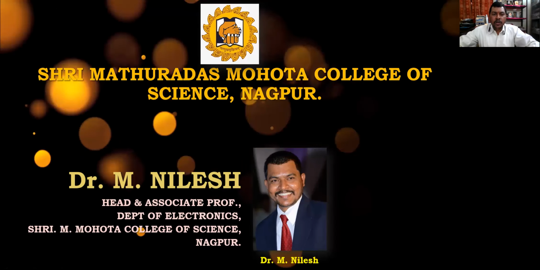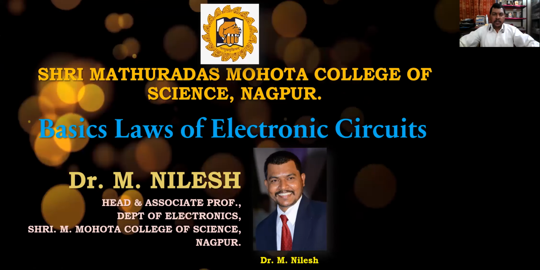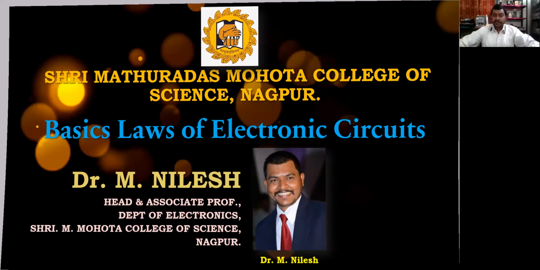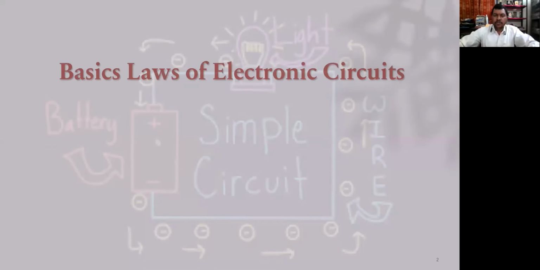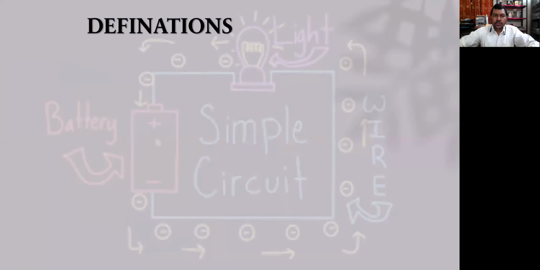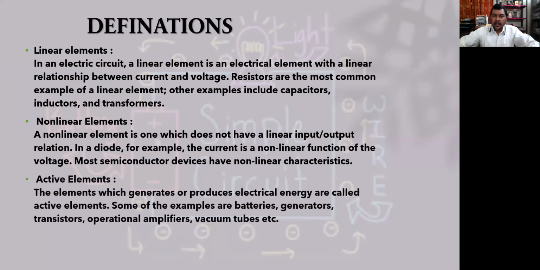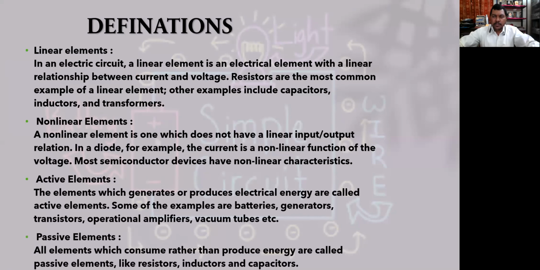We are going to continue with the basic laws of electronic circuits. In the last class, we studied some of the basic laws, in which I told you the definitions of linear elements, non-linear elements, active elements, and similarly passive elements.